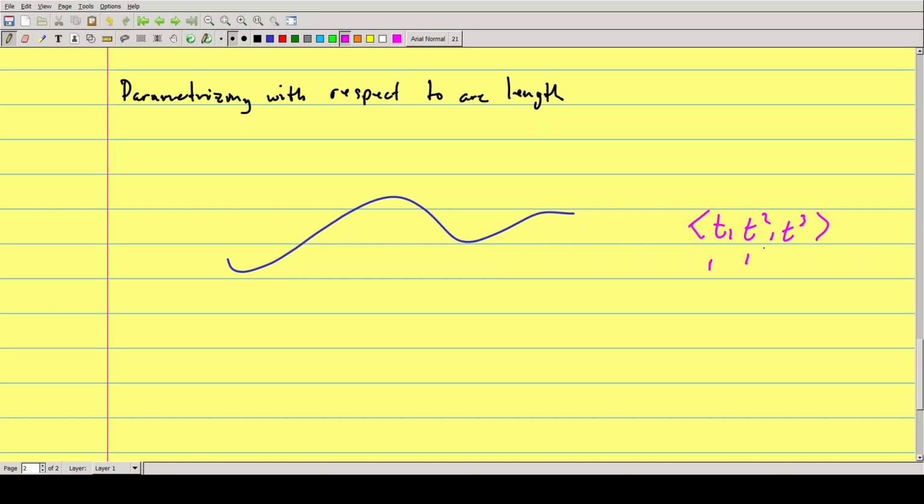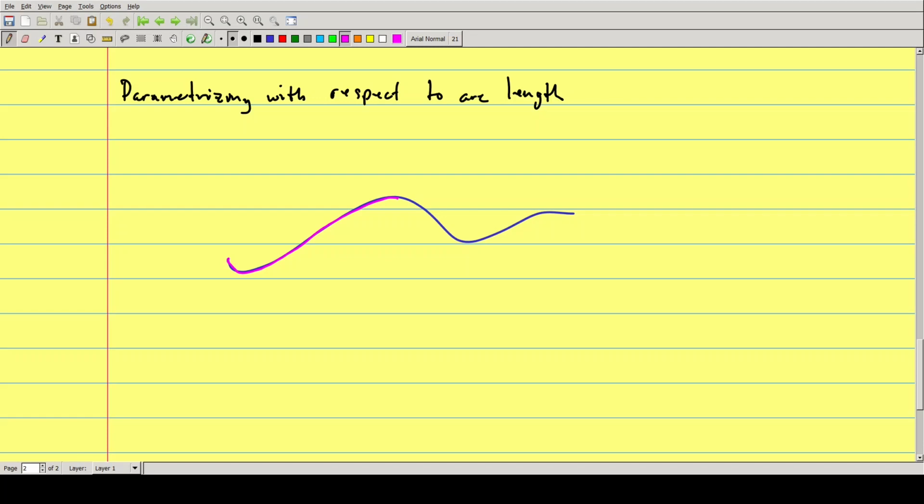If I want the version of the parameterization that actually tells me on a one-to-one basis how far I have traveled along the path itself, that requires a parameterization with respect to arc length. Okay, I don't get that for free. That's not t, it's a different variable.